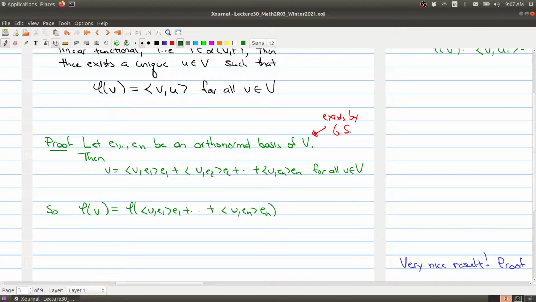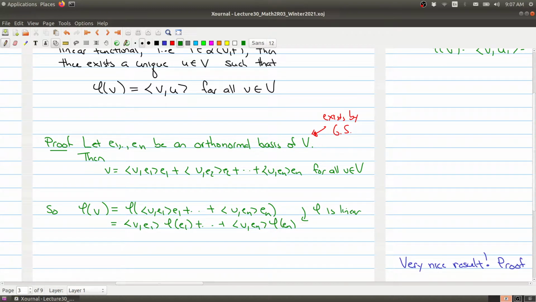And now we have that this is a linear map, and all of these inner product values are constant, so we can pull them out. So we have the inner product of v with e1 times phi evaluated at e1, all the way up to the inner product of v and en times phi evaluated at en. This is the fact that phi is linear.